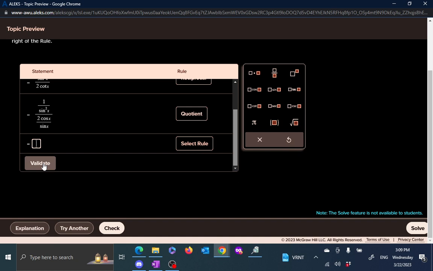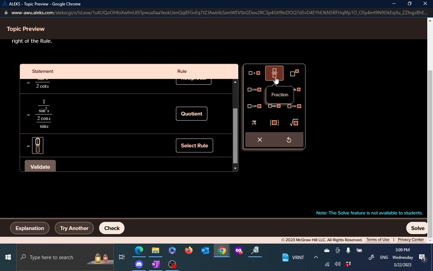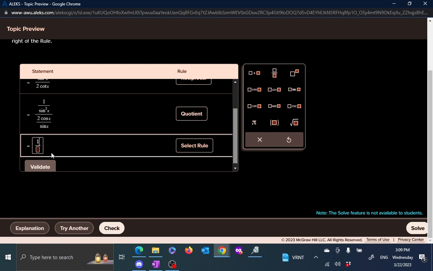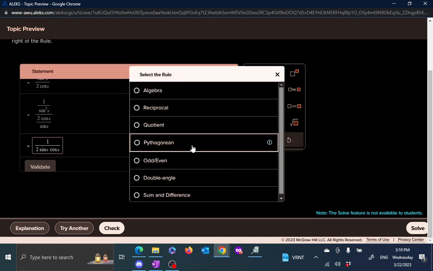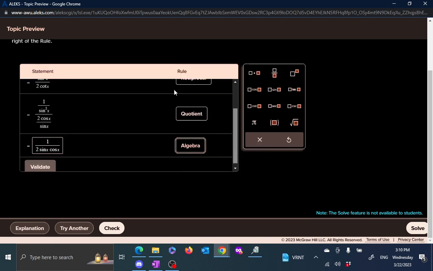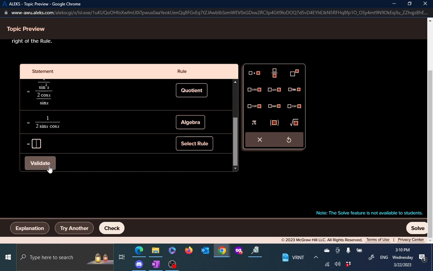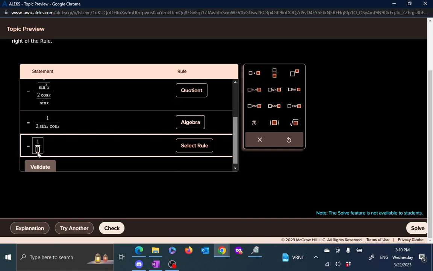Okay, now I do algebra. The algebra I do is the cross multiplication that we did, which leaves 2 sine of x cosine of x, and let's see if it's happy with that. And then that is another quotient, which is 1 over sine of 2x.